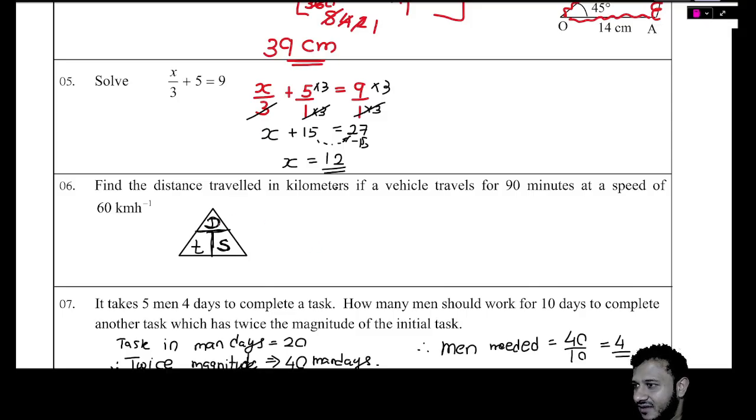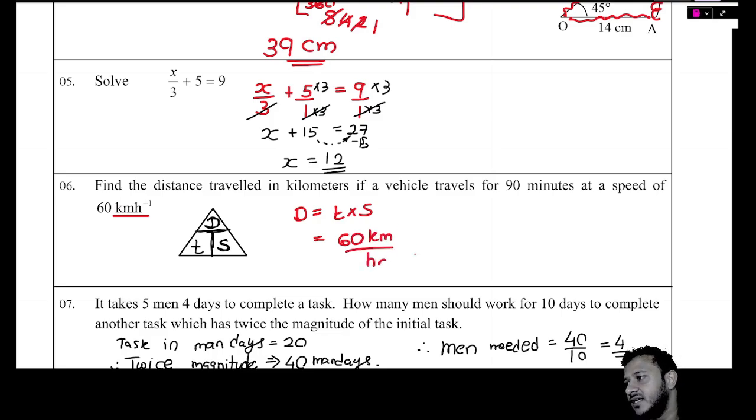So how to find the distance? Time multiplied by speed. But remember, time and the speed should be in the speed formula. Now here, can you see? Kilometers and hours. So the speed is in what, Pute? 60 kilometers per hour. Per hour means over hour.